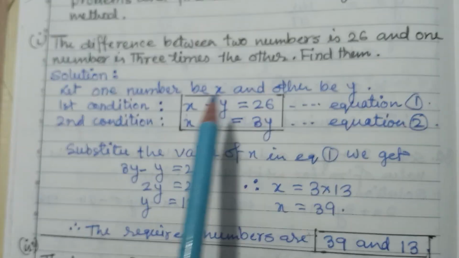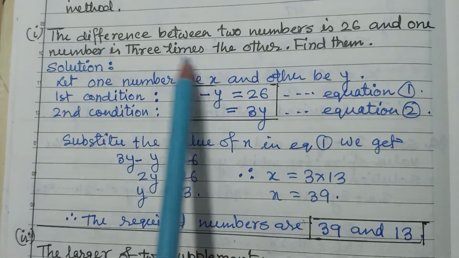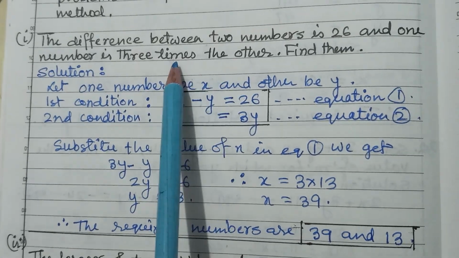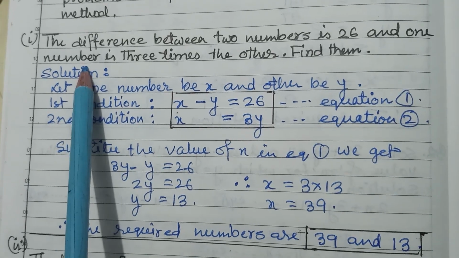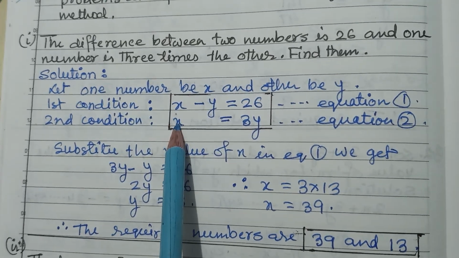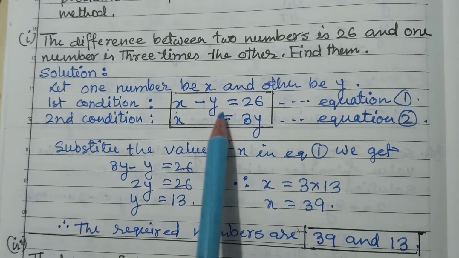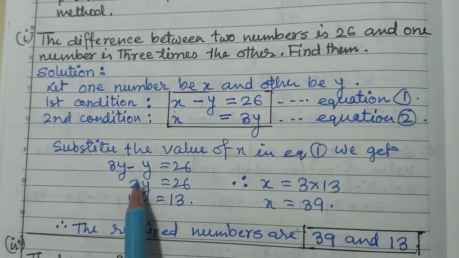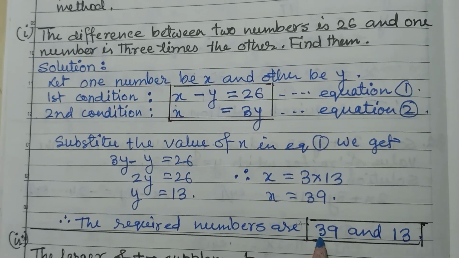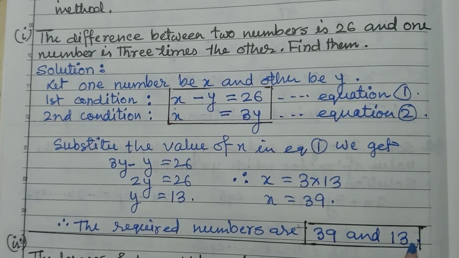The second condition given is that one number is equal to 3 times the other, so x is 3y, the second equation. Again, similarly you have to solve it; x and y you can get, the two numbers.